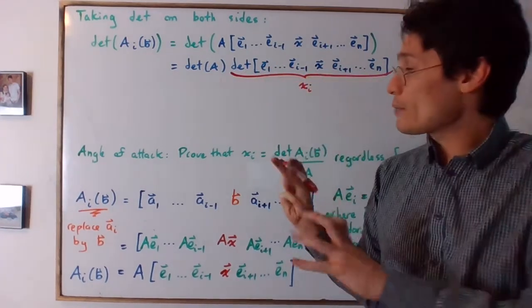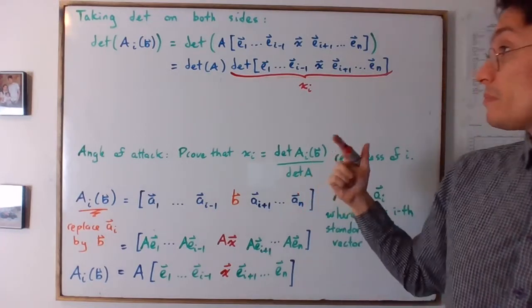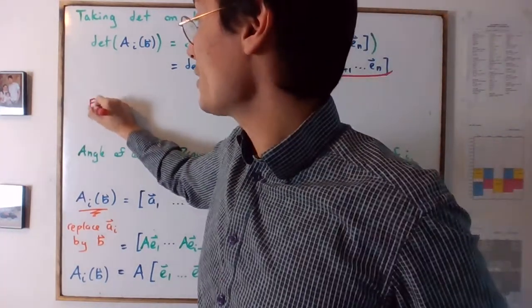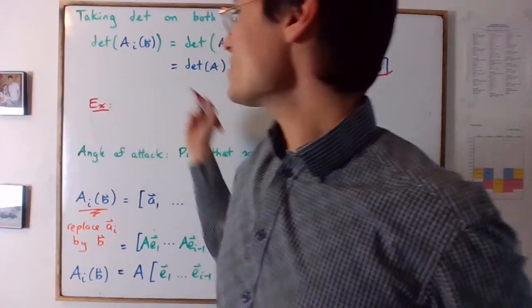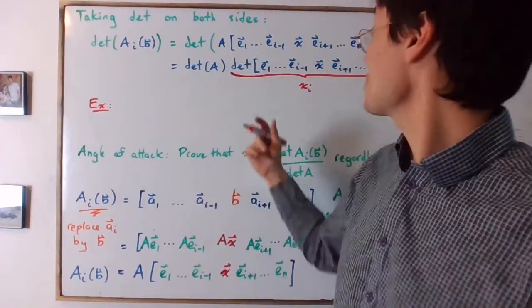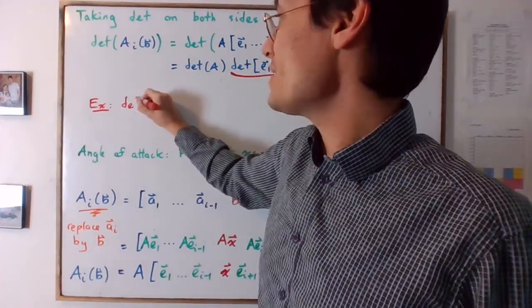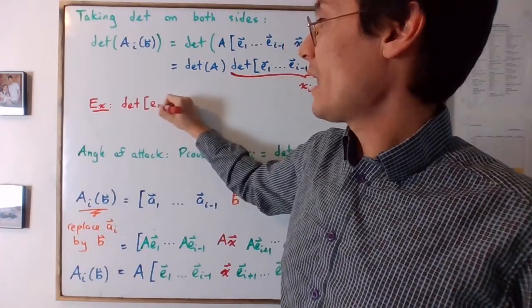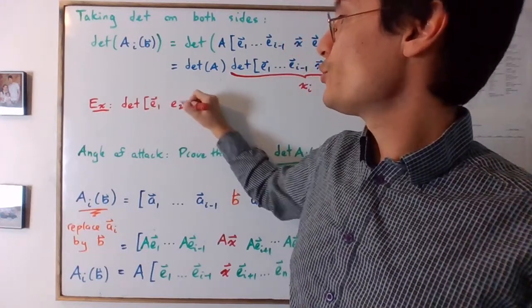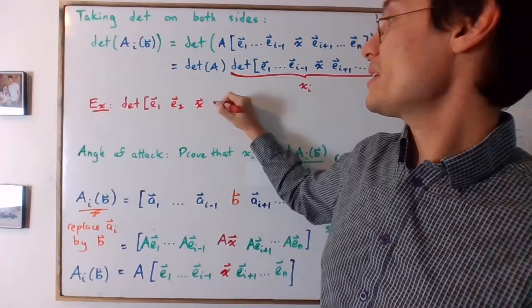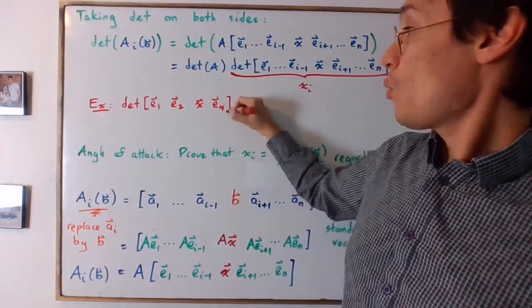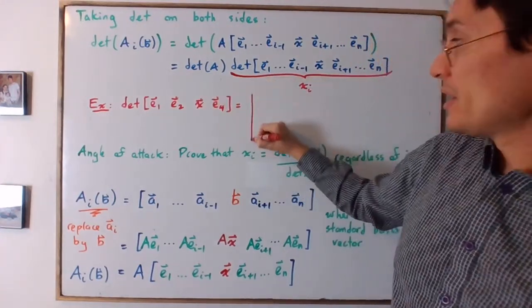Here I will try to justify this with an example. Suppose that you have a 4x4, and what you want to do is take the determinant of E1, E2, X, E4. What is this matrix in reality?